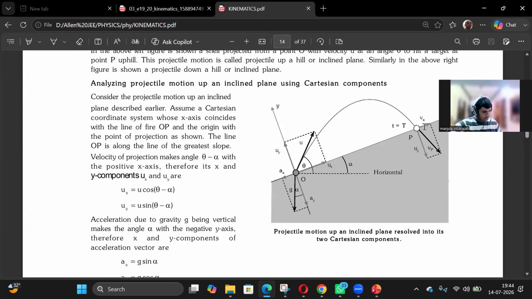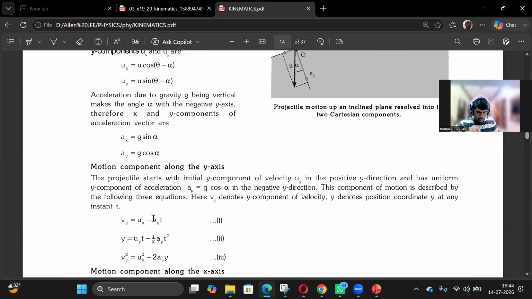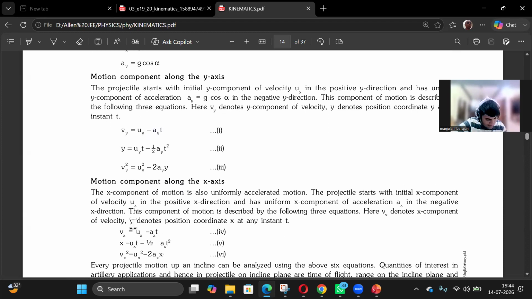At this point, it becomes Vy. So if I know Vy, I can find time. In this equation, Uy is known because this is the initial condition, Ay is known. So if I know Vy, I can get the flight time.